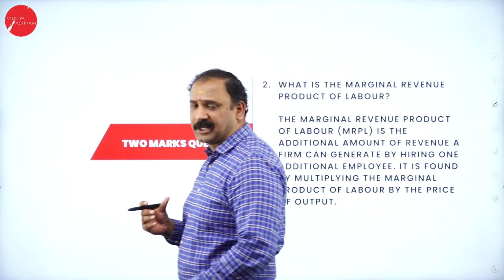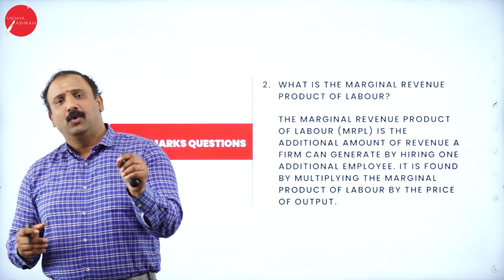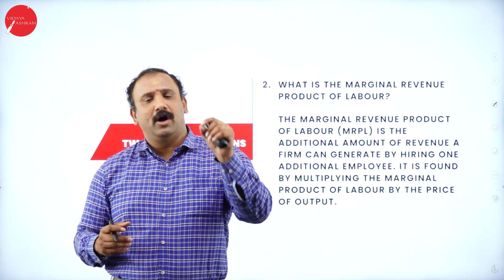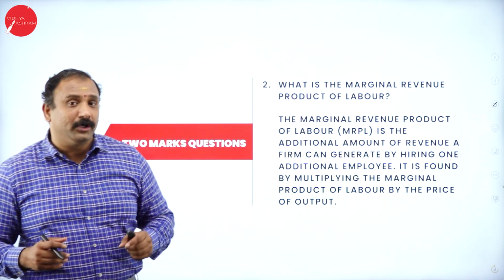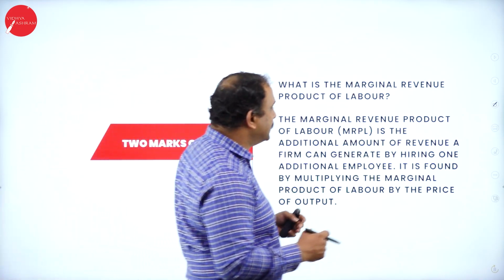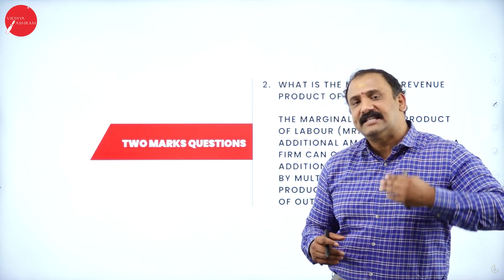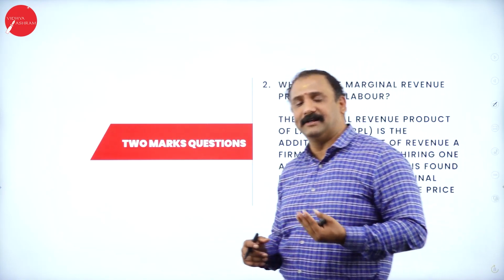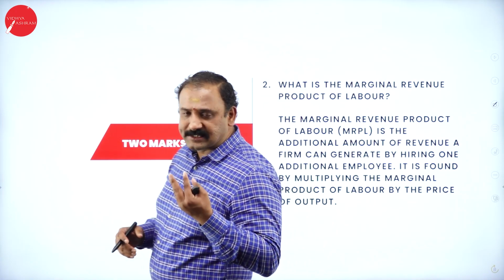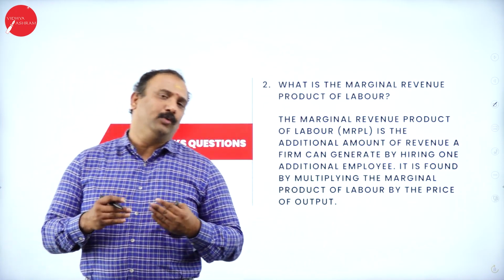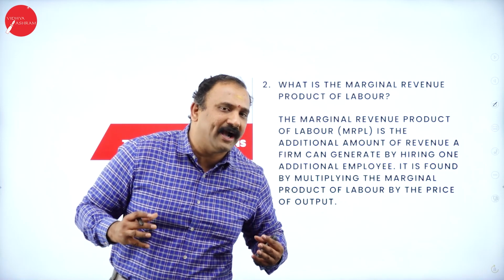A very interesting concept. So every time a company takes it as an objective to add additional employees, the output starts becoming higher and higher, and the value of the output also starts going up.